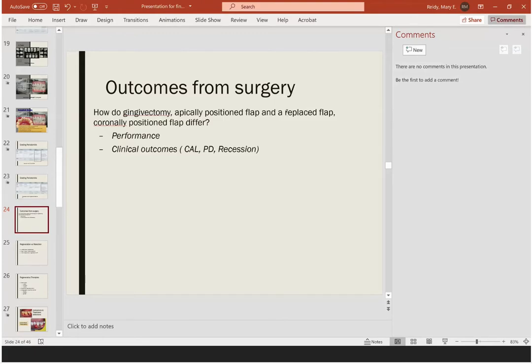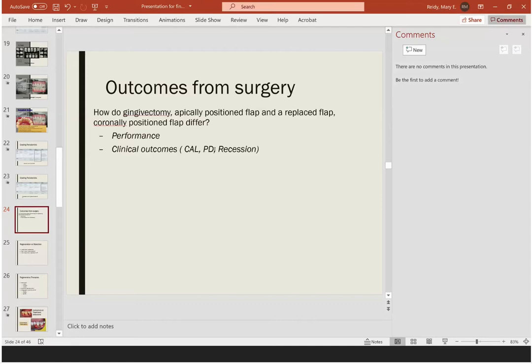The emphasis on a replaced flap is usually to get primary closure and allow for placement and adaptation of regenerative materials, or we might even use a coronally advanced flap or coronally positioned flap. So their focus is on gaining attachment, as in clinical attachment level gain, as opposed to, let's say, gingivectomy or an apically positioned flap, which its focus is on pocket reduction.